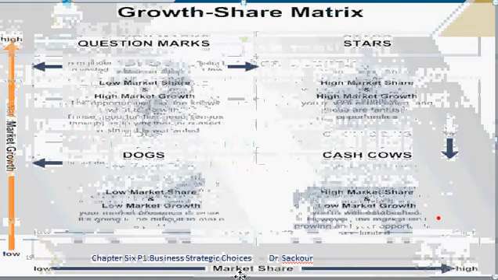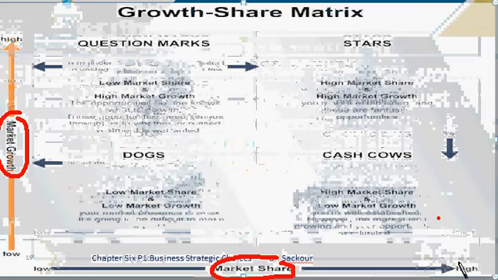Okay. So we have here market share, and we have here market growth, in this case low, high, low, high.